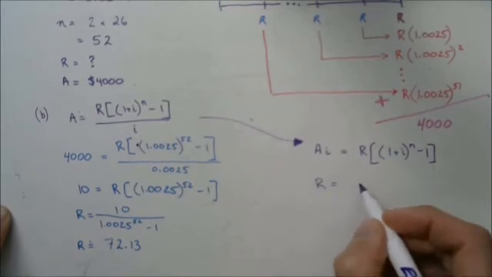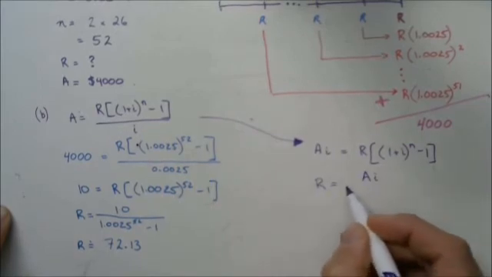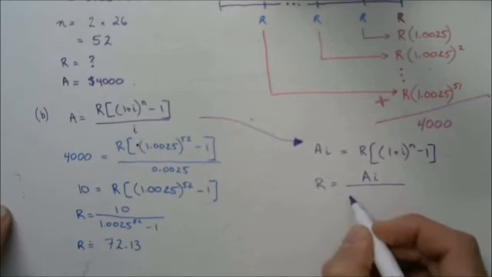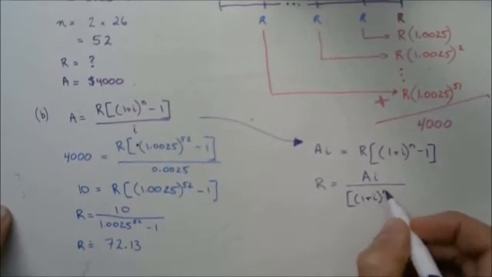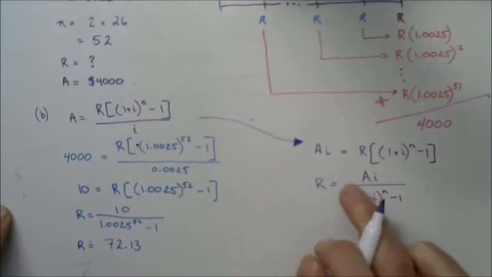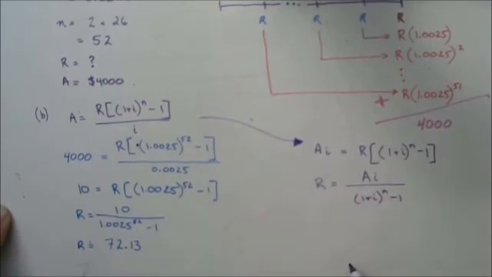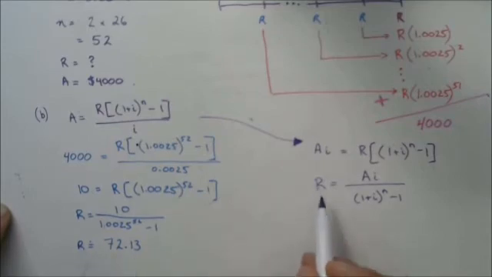Again, putting R back on the left, we have A times I in the numerator, all over 1 plus I to the power of n minus 1. Now we don't need that square bracket. So in this setting, it would look like this, and then you would sub in what you know. You know A, you know I, you know N. Sub it all in, carefully calculate it, and you'll get the regular payment that she needs every other week is $72.13.